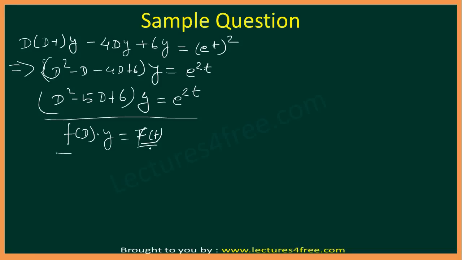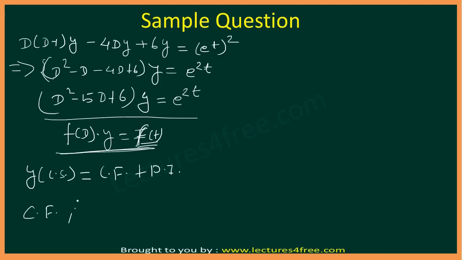So we can solve it by the methods that we have seen in earlier lectures. To find the complete solution, we have to find the complementary function and particular integral. To get the complementary function, we use the auxiliary equation, which is function of D equal to 0.